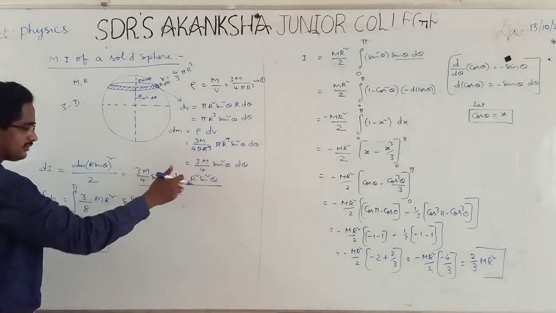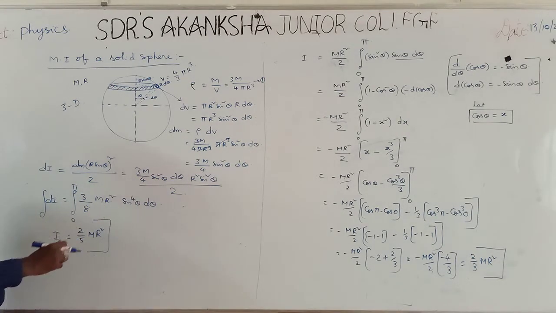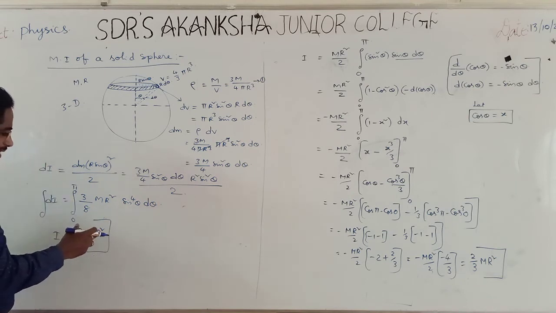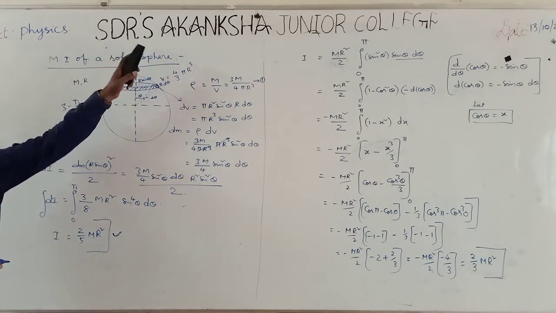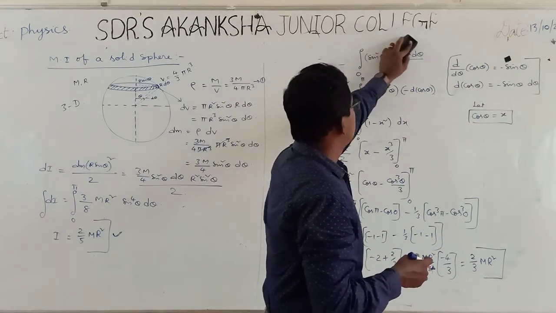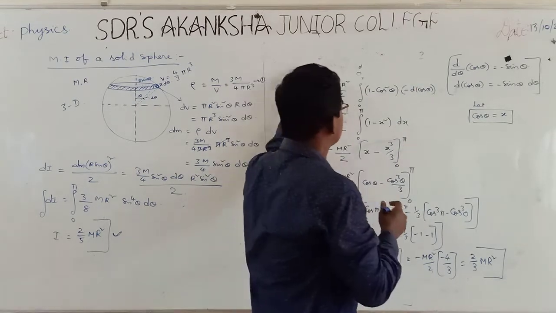If you expand this one, totally we are getting 3m by 8 into r square sin power 4 theta d theta. If you solve this one, we get the answer: 2 by 5 mr square. With this, the moment of inertia of a solid sphere is over. That derivation also we have to do like this, in this process.